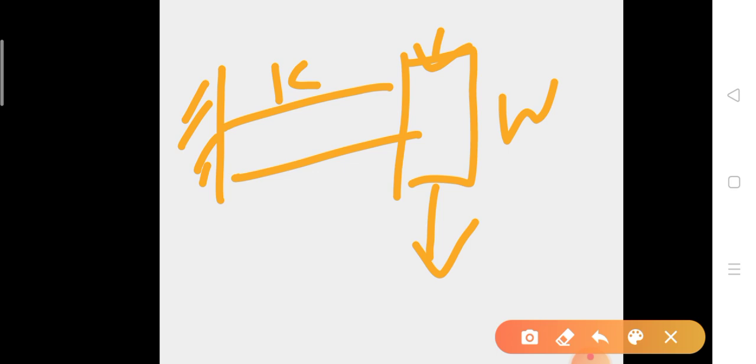I have just rotated the longitudinal figure by 90 degrees to get the transverse vibration image. So here you have to use the concept of a cantilever beam.